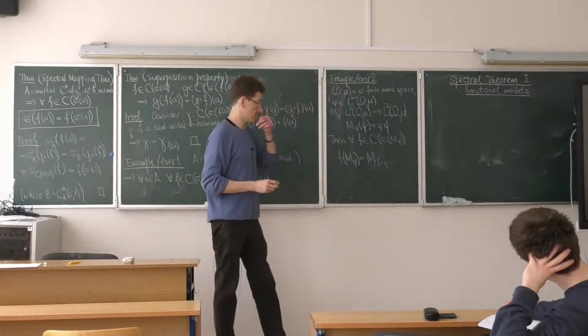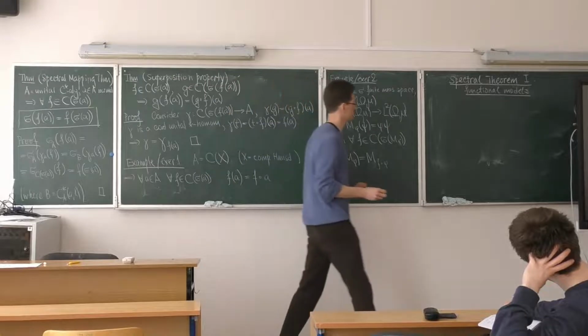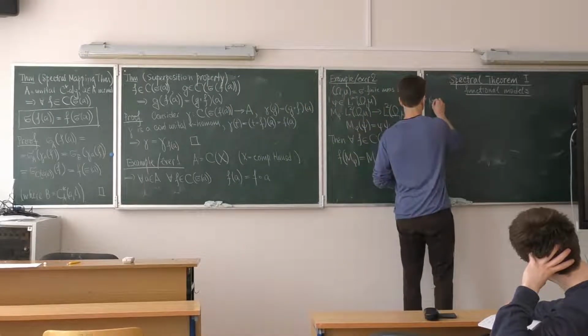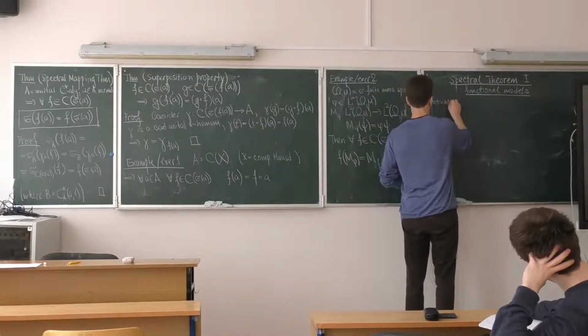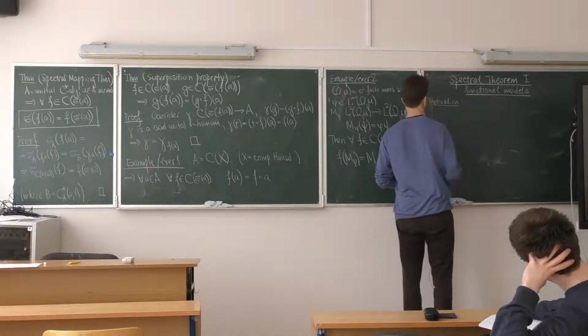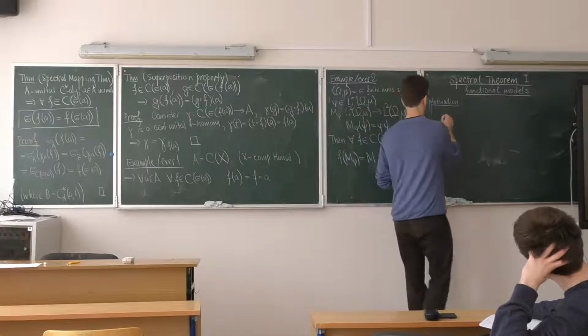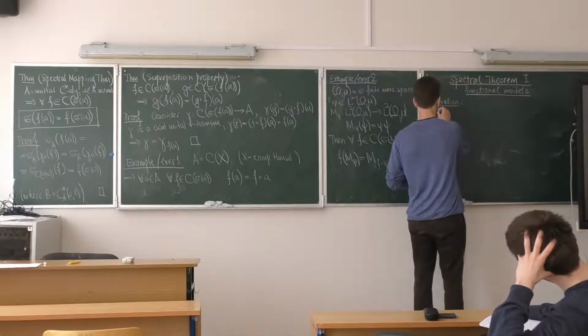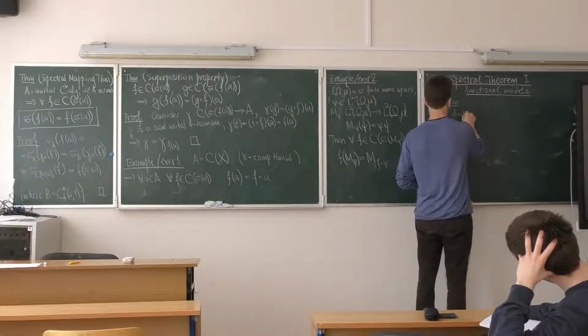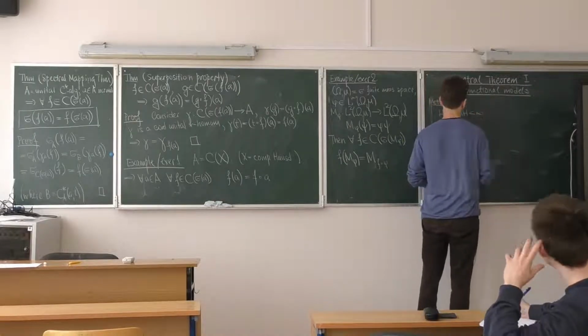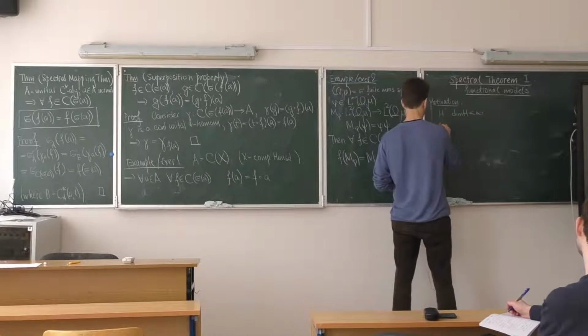Well, first of all, let's start with some motivation. Let's recall a classical result of linear algebra. Suppose that we have a finite dimensional Hilbert space and a self-adjoint operator.